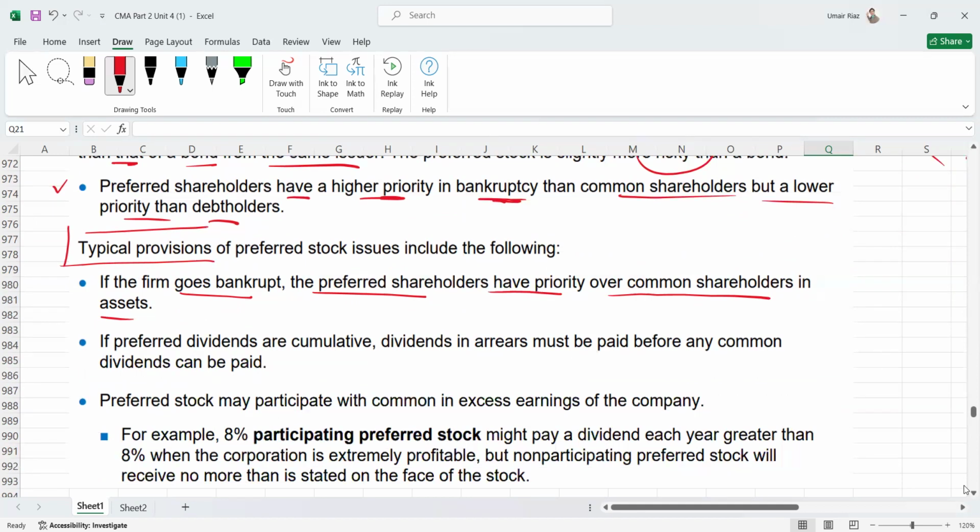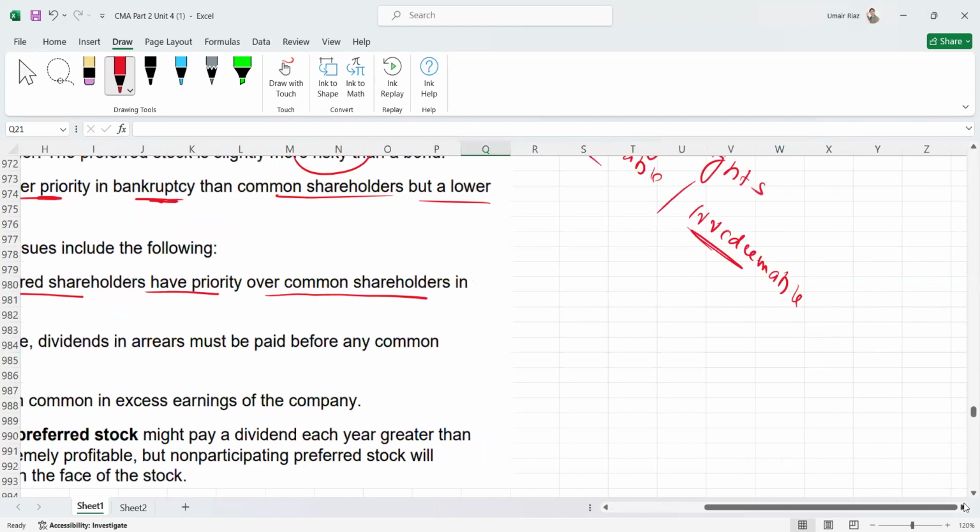Second: are preferred dividends cumulative? Sometimes dividends on preferred stocks might be cumulative, or sometimes non-cumulative. Cumulative is also called dividend in arrears. Please remember, dividend in arrears.